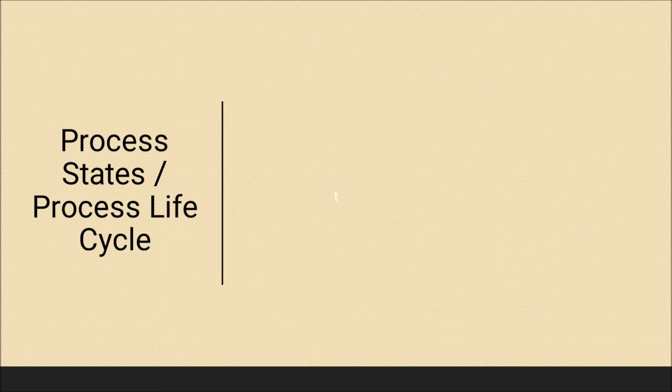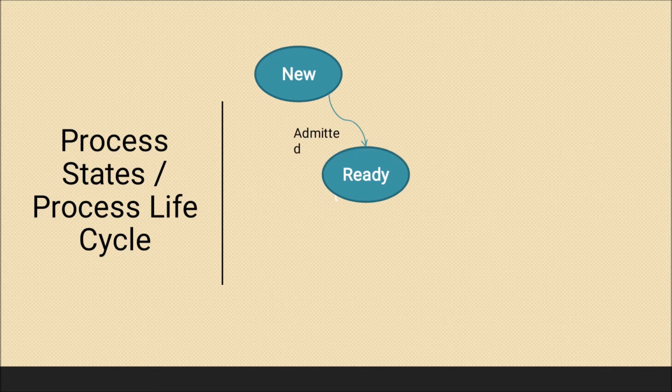So basically, what do process states or the process life cycle indicate? Whenever a process is created, it is in the new state because it is just created.